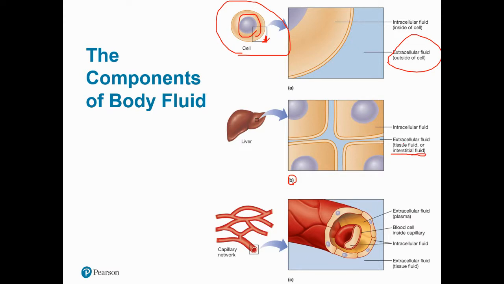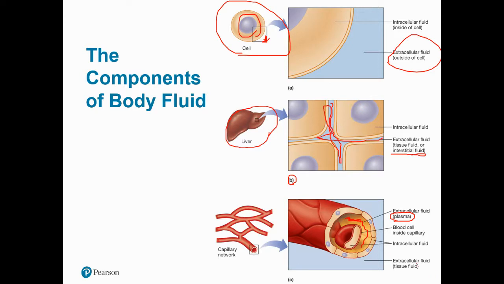Remember, interstitial fluid is a type of extracellular fluid. It's the fluid that's in the space in between cells, like in the interstate, in between. And these are cells that are making up a single organ or tissue. And then plasma, another type of extracellular fluid, is the fluid specific to blood, right?